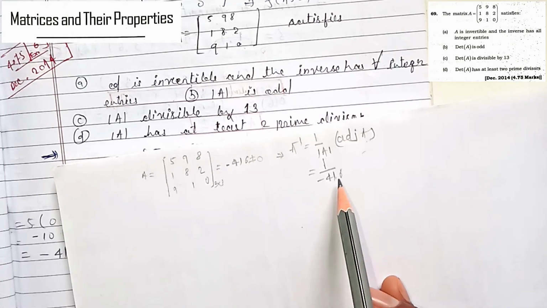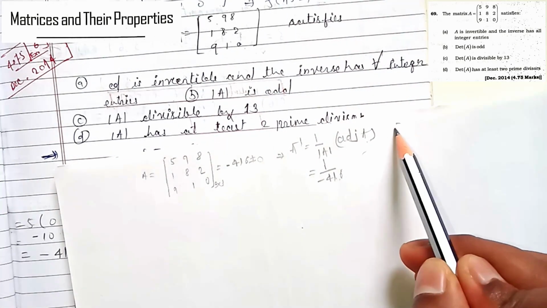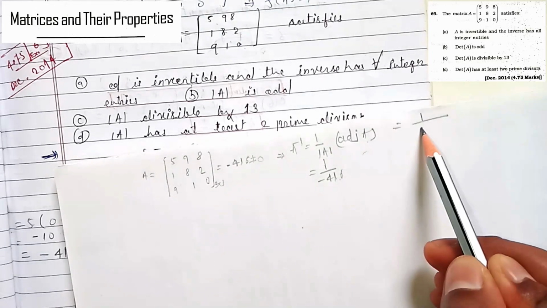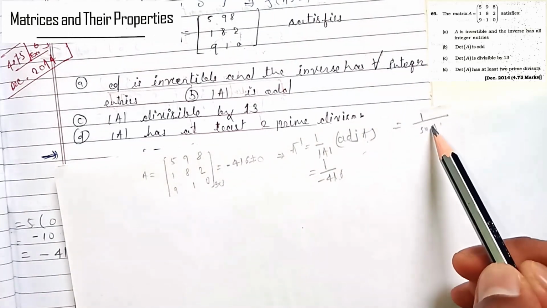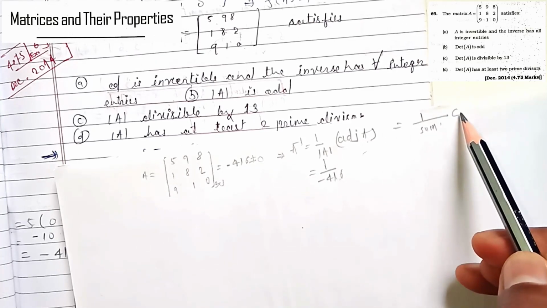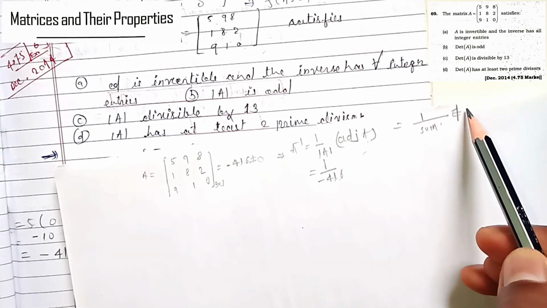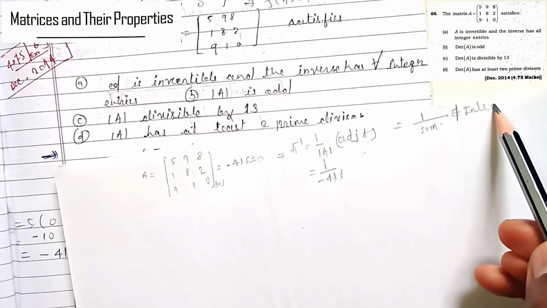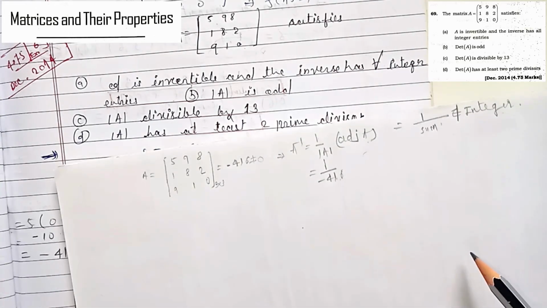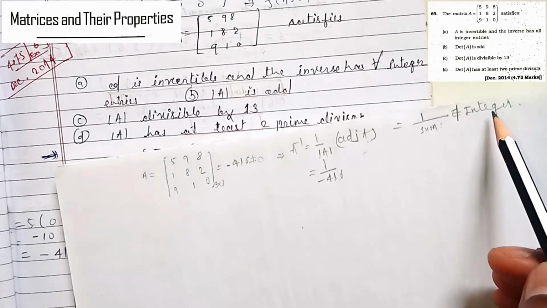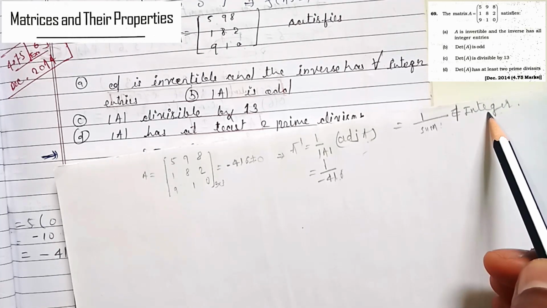So our answer will come out as something like 1 upon something, which does not belong to the integers.